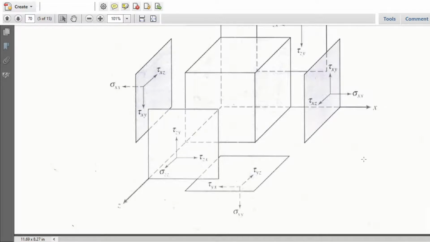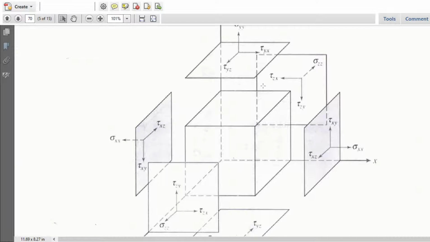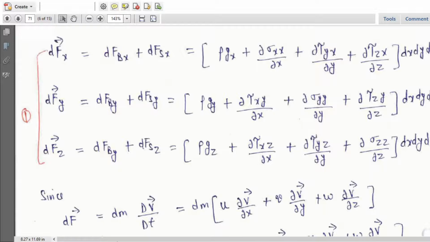So if we are calculating only the x direction, we should consider the components in direction x. This is σxx, this is σxx, this is τzx, this is τyx, and we add them up to calculate the force.